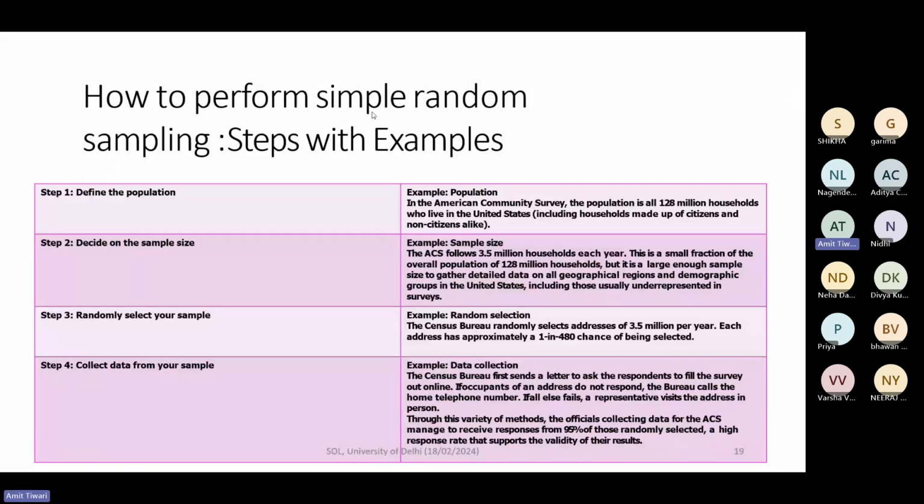So suppose 480 people are selected, then each and every person will be communicated with in some way: maybe sent the survey online, then if they don't respond, they will be called, and if they still don't respond, the researcher will visit the particular household or person. Through this variety of methods, the officials collecting data for ACS managed to receive responses from 95% of those randomly selected. So it is a very high response rate.